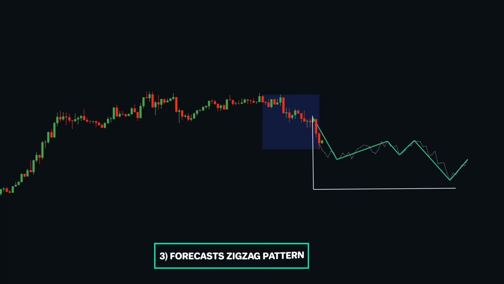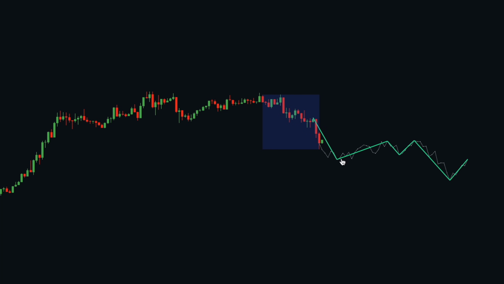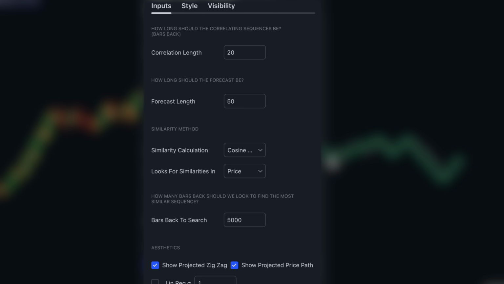Third, apart from price path forecasting, this indicator also forecasts the zigzag pattern up to 250 bars ahead. The zigzag pattern is used to identify price trends by filtering out minor price changes. This means you can predict future long-term market bias.